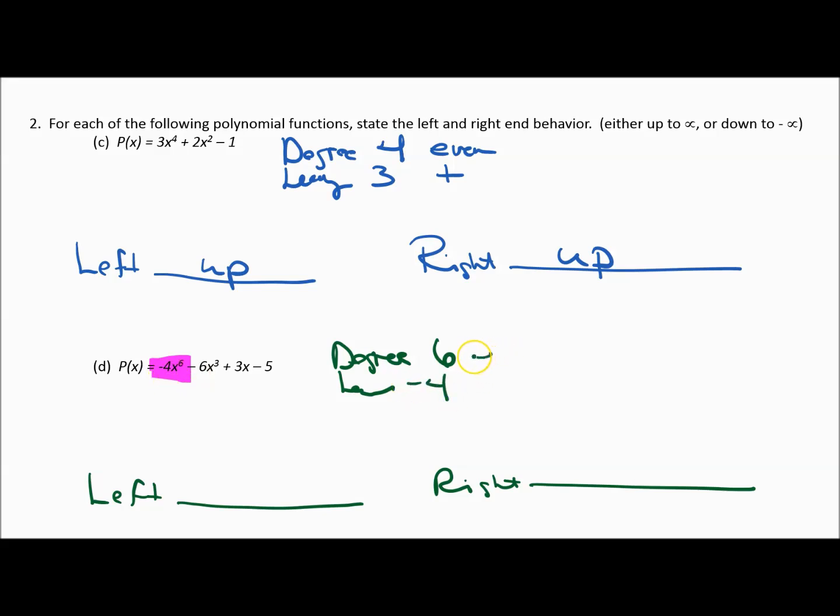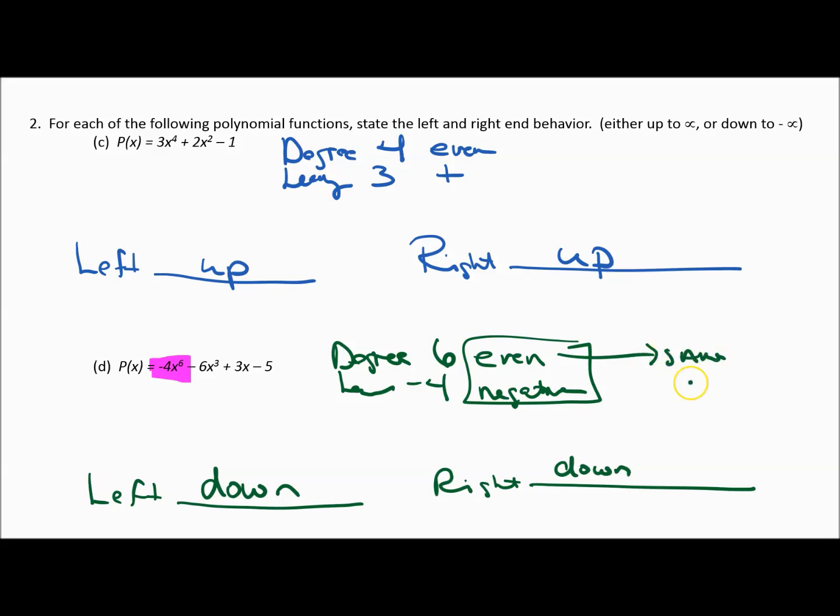Again, the important part is the degree is even, and you're dealing with a negative leading coefficient. Anytime you have both of these situations, you're dealing with the left side pointing downward and the right side also pointing downward. Remember, even means they're pointing in the same direction. Notice both of these problems on this page are pointing in the same direction because they have an even degree.